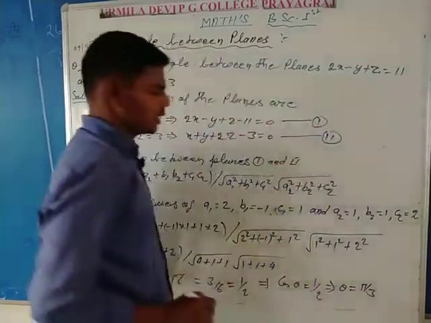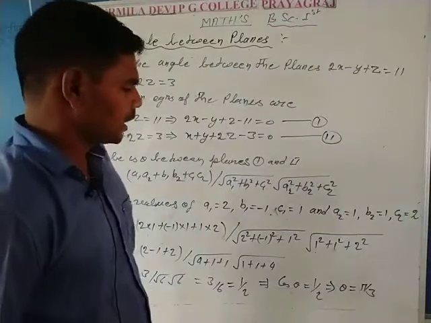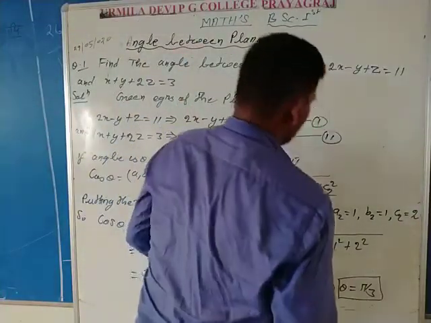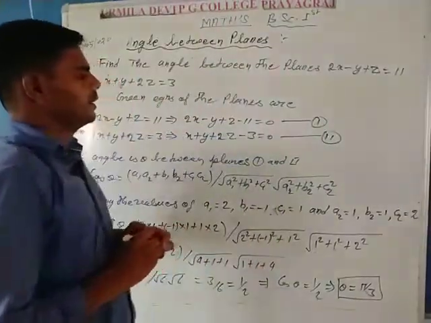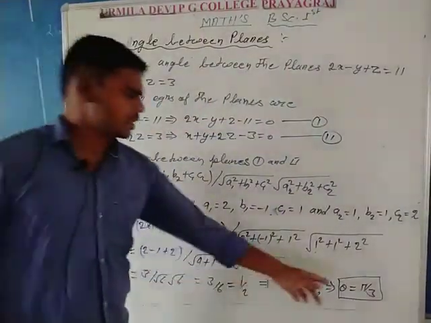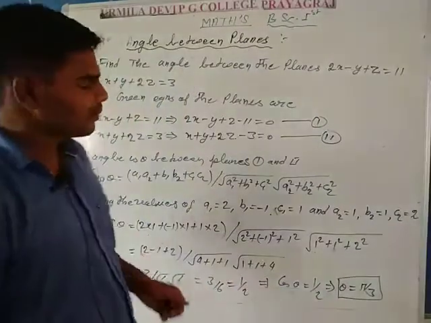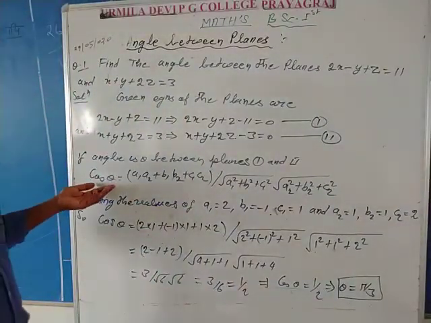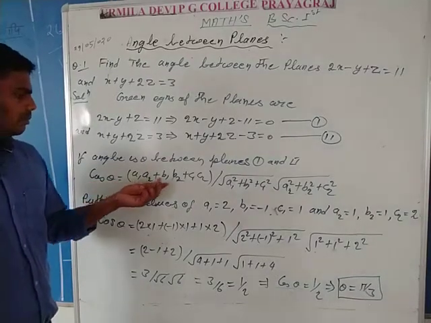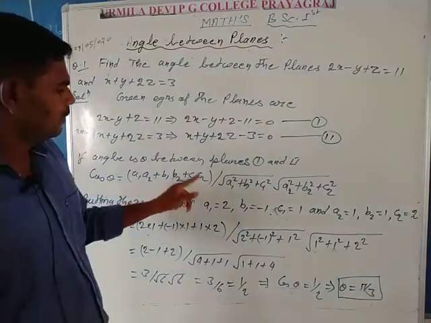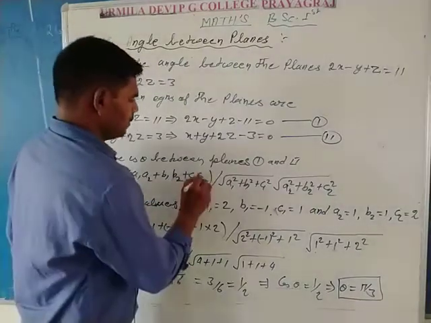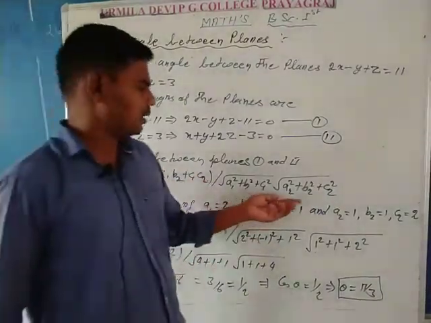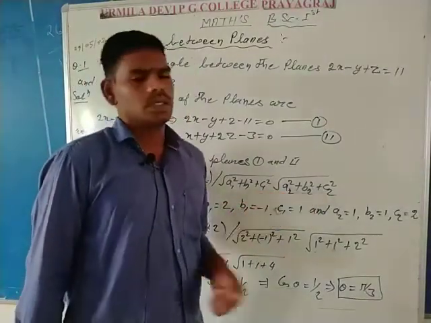Therefore it is clear that the angle between the two given planes is 60 degrees, meaning pi by 3, calculated using the formula cos theta is equal to a1 a2 plus b1 b2 plus c1 c2, divided by the square root of a1 square plus b1 square plus c1 square times the square root of a2 square plus b2 square plus c2 square.